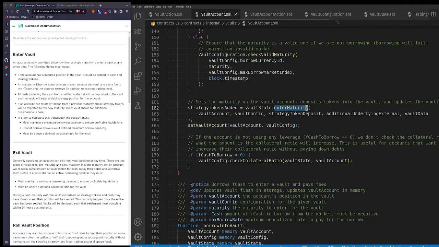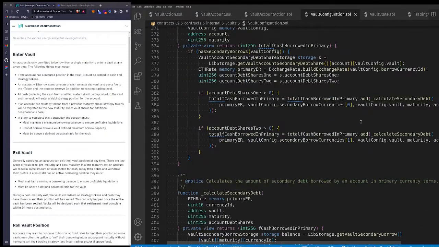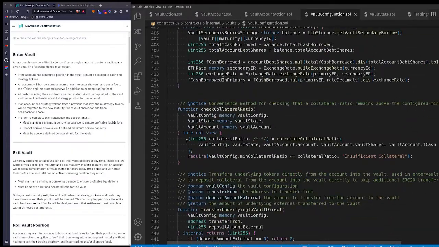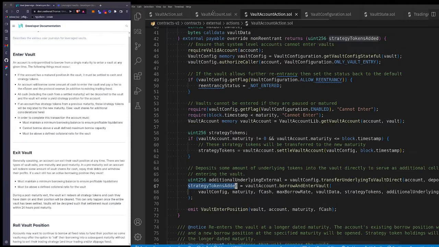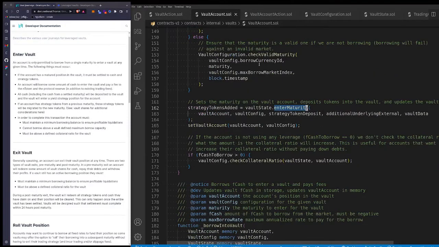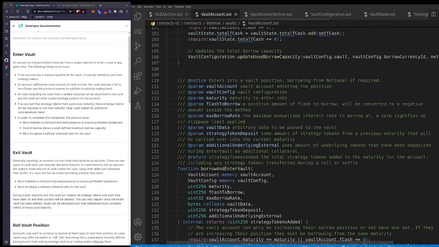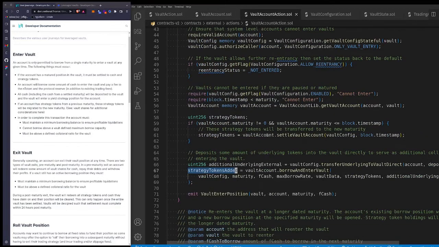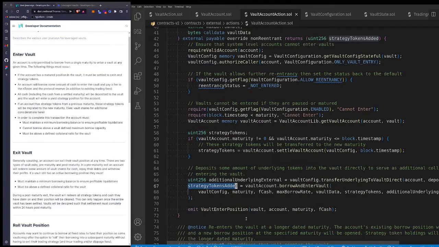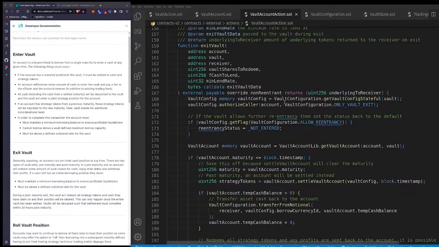If that collateral ratio is greater than the minimum collateral ratio, then the account can pass this check here. And once that check is passed, then we're done with it.